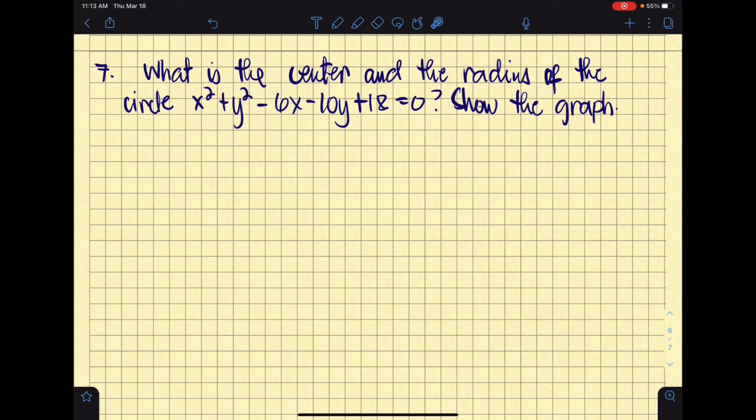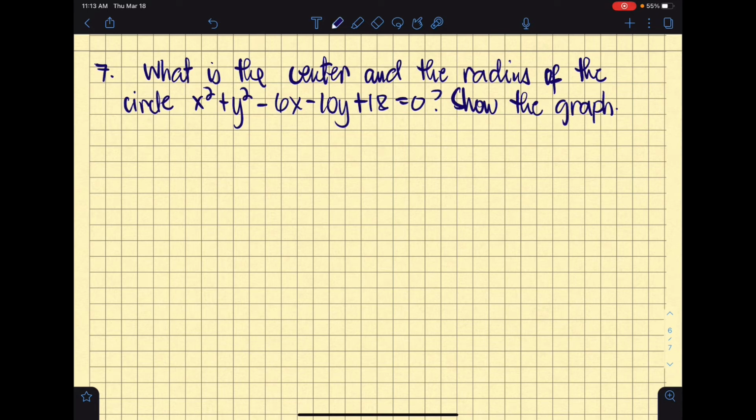Okay, so first step is to rearrange the terms. We are going to group the terms in terms of the variables. So in this case, lahat ng x magsasama-sama, y magsasama-sama in one side, and then all the constant terms on the other side. So that is the right side.